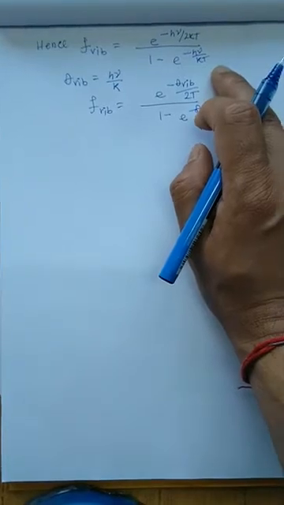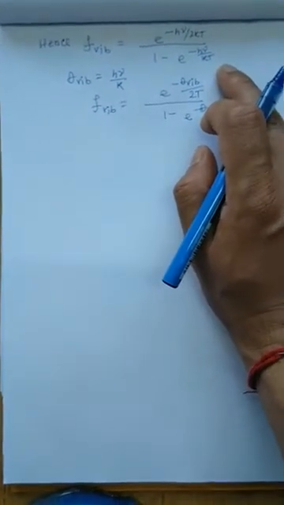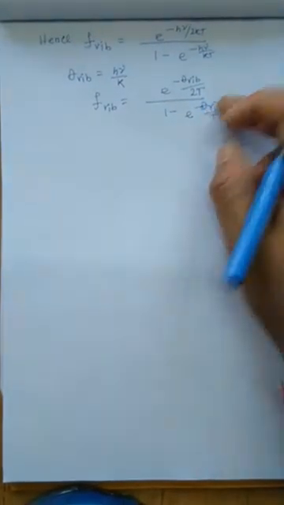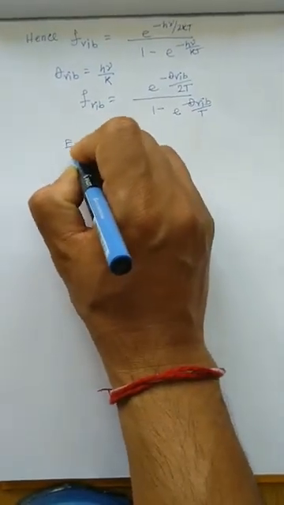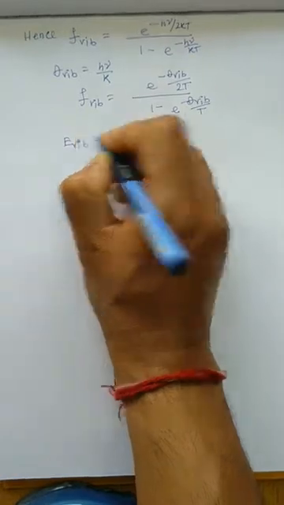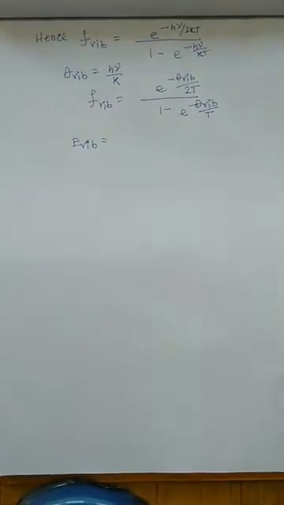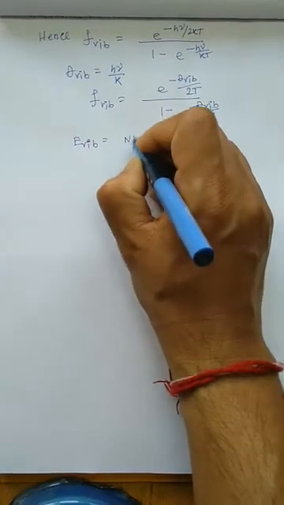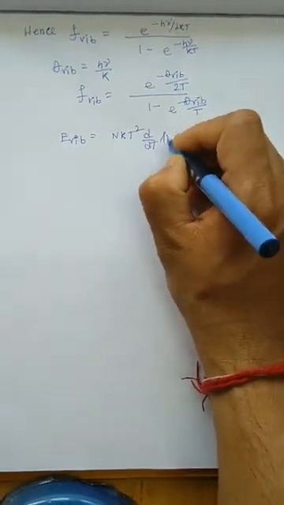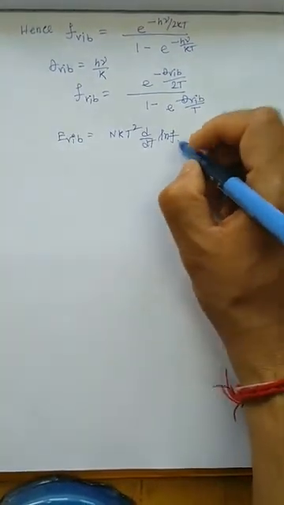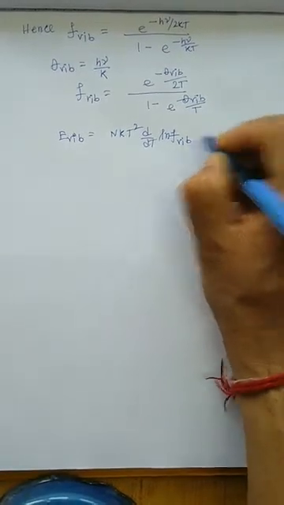But in another way we can also find the vibrational energy of a mole of gas, because we know the formula from classical or Maxwell-Boltzmann statistics: E vibrational equals NkT squared d/dT of ln f, and in place of f we use f vibrational here.